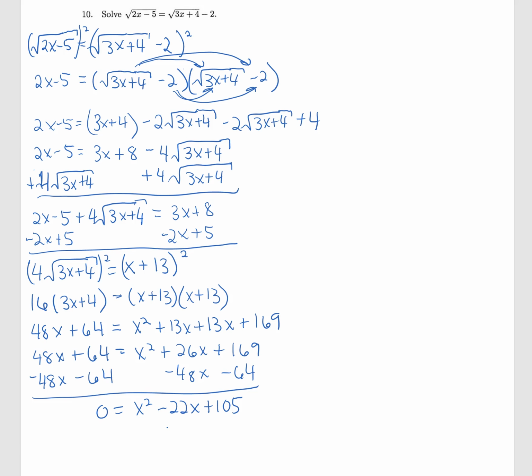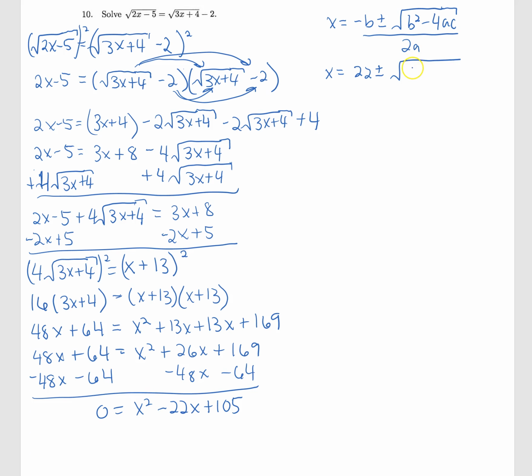And so what I'm going to do is use the quadratic formula, and that is x equals negative b plus or minus the square root of b squared minus 4ac over 2a. So plugging in our values for a, b, and c, we get x equals, our b is negative 22, so those negatives cancel out and we have a positive 22.